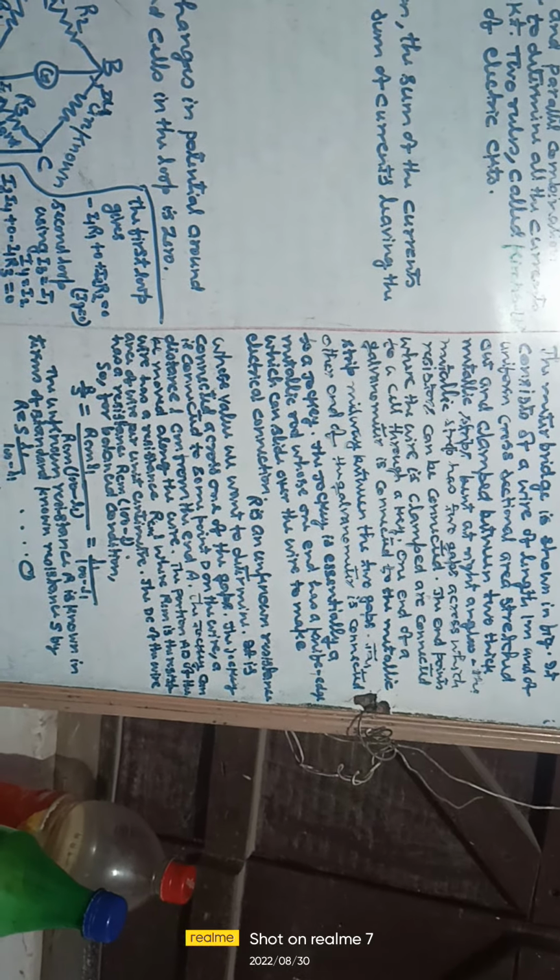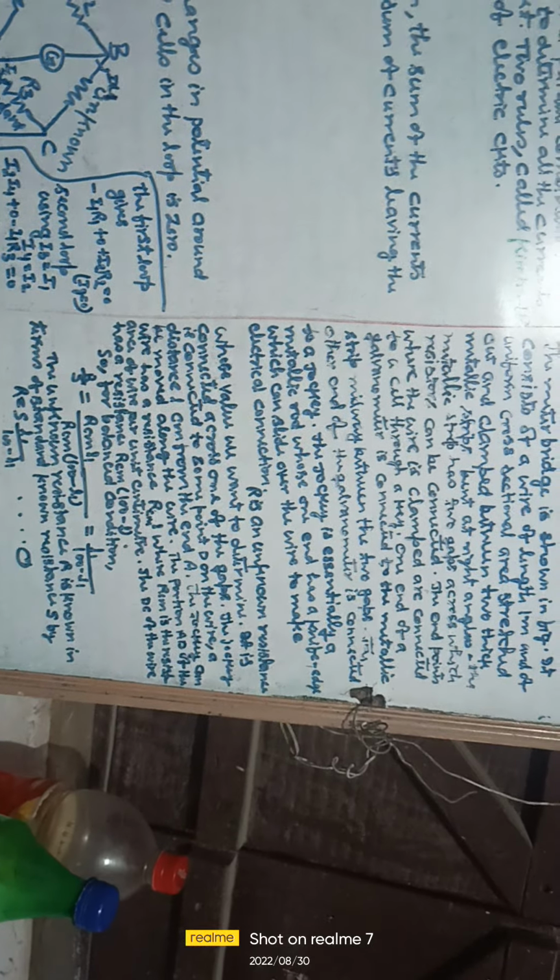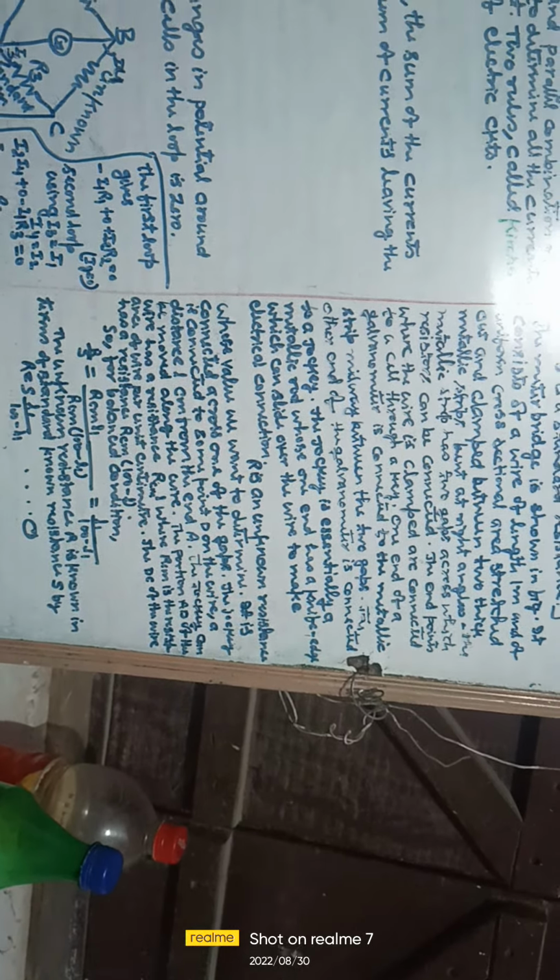The jockey is connected to some point D on the wire at a distance L centimeter from the end A; the jockey can be moved along the wire. The portion AD of the wire has a resistance r into L, where r is the resistance of the wire per unit centimeter. The portion DC of the wire has a resistance r into (100 minus L).